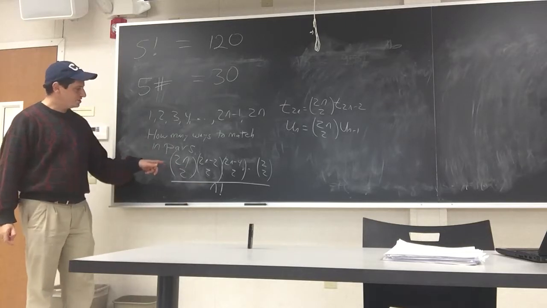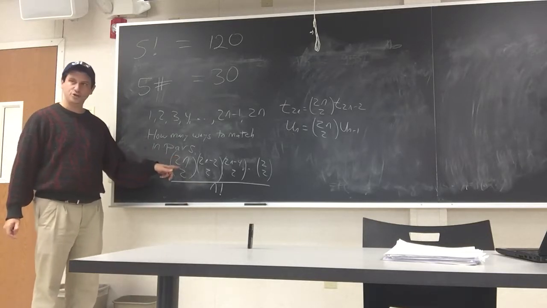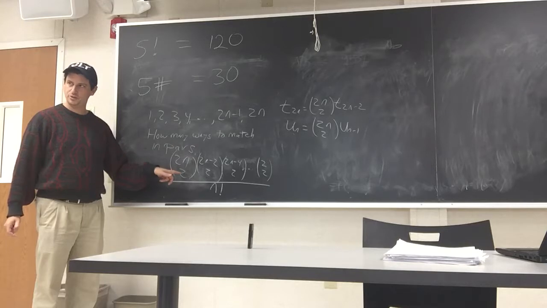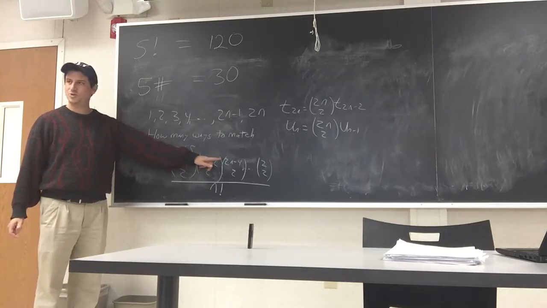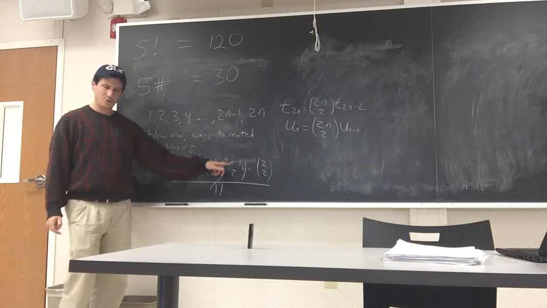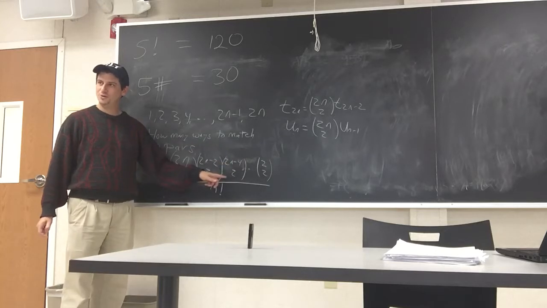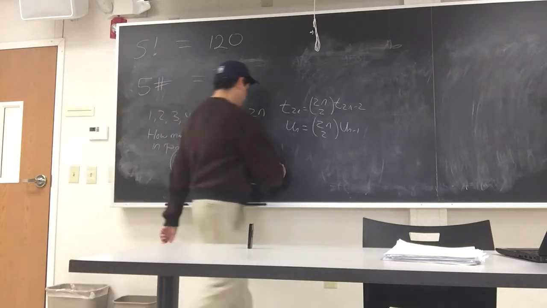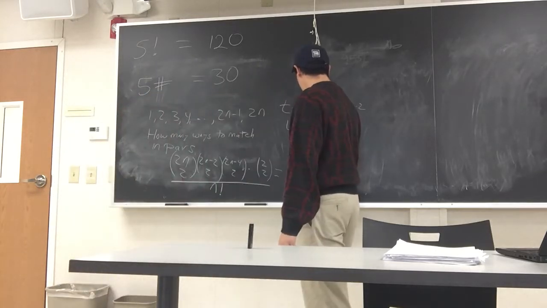Now if you want to see what this is, if you actually do out the algebra, this is 2n times (2n minus 1) over 2, (2n minus 2) times (2n minus 3) over 2, (2n minus 4) times (2n minus 5) over 2. So the numerator is just going to be 2n factorial divided by 2 to the n divided by n factorial.